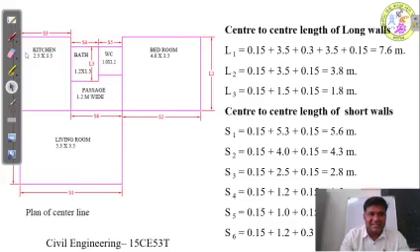Similarly, S3. S3 is between here to here. How many walls are there? This is one wall and this is two walls. So two walls of S3 are there, and the center to center distance of S3 is 2.8 meters.